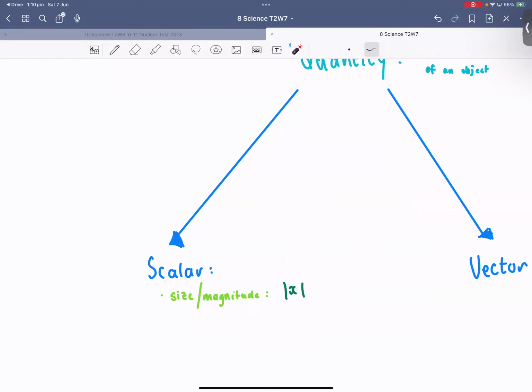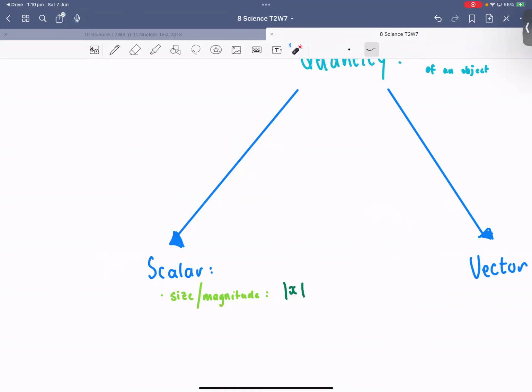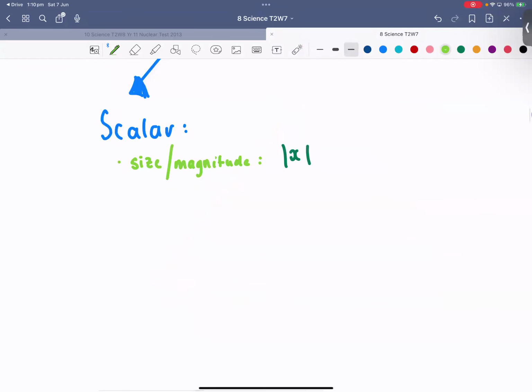Once you understand what an absolute value means, they are very, very similar. It's from 0, exactly the same thing. No direction, very important.